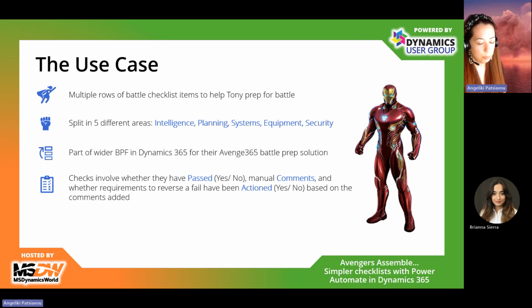What kind of checks are we performing? Now remember, our rows are different kinds of area checklist items. We want to see whether we've passed the check or not. That's a very binary approach. However, we won't use a yes/no field. We want to keep it blank, so we're going to have to go with choice.